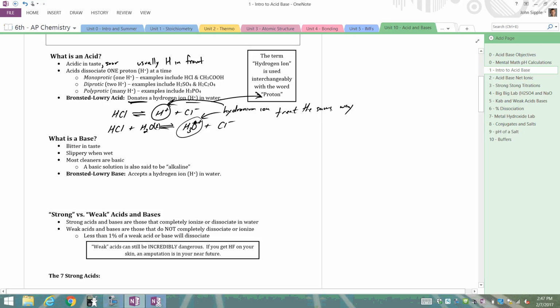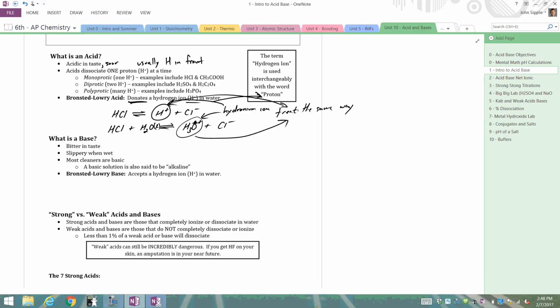When we're going to calculate pH and things like that, we want to treat these guys exactly the same way. So you're looking for the concentration of those guys in solution to calculate pH. Okay, so a base, remember, is bitter in taste. They're slippery, they'll feel slippery on your skin.